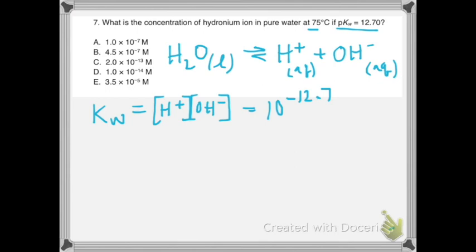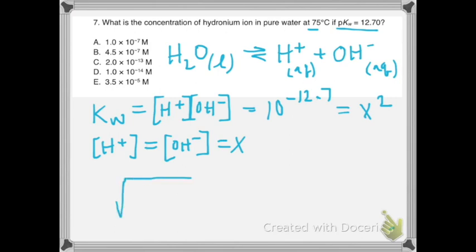And if we look at the stoichiometry of this also, we know that the concentration of H plus is going to be equal to the concentration of OH minus. So we could kind of say that this is equal to x squared, where x is just equal to each of those concentrations.